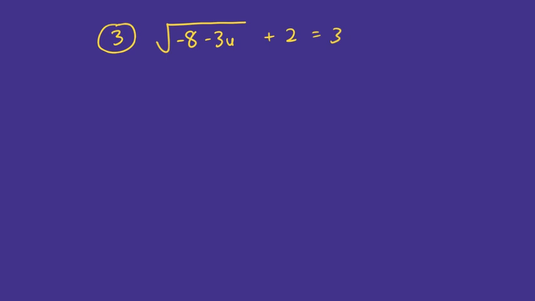So we do want to get the radical by itself. So in this case, on the radical side, the left side of the equals, we've got that plus 2 along with the radical. So here's the radical, and we need to get rid of the 2. So we're just going to subtract 2.